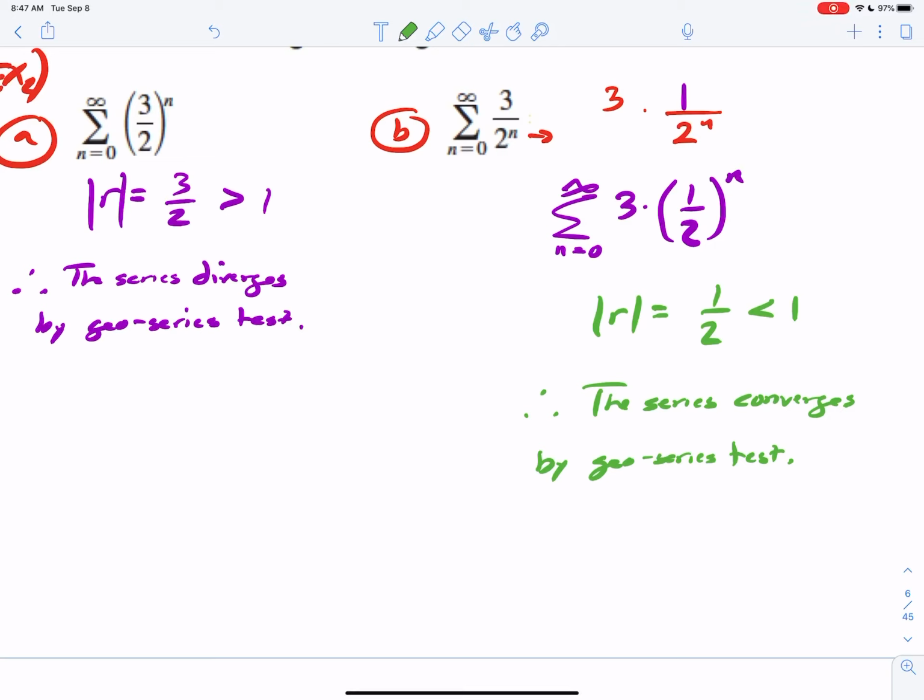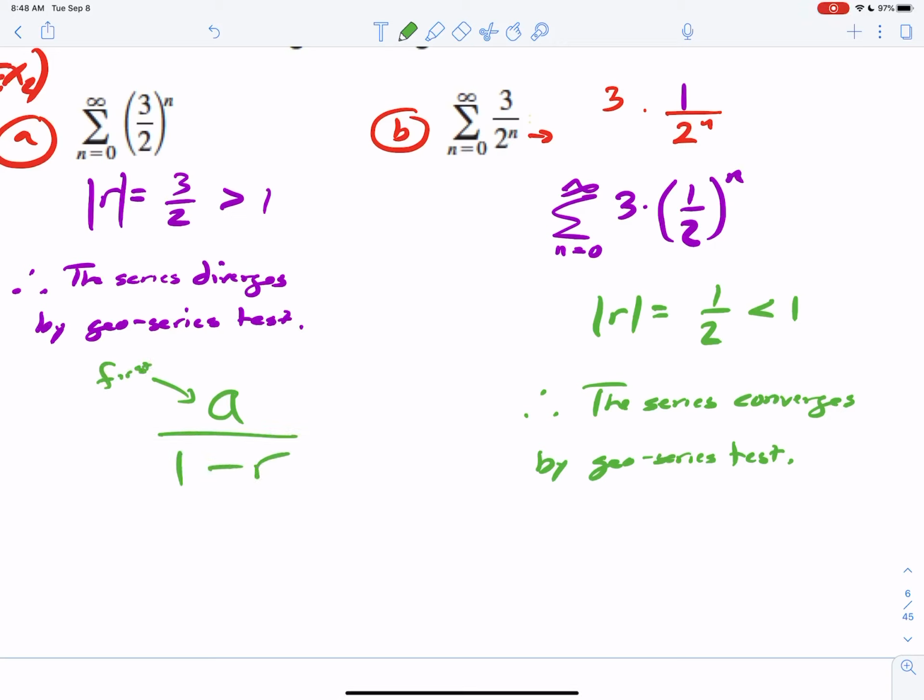So here's the thing. Very important. Because it converges, the geoseries test is the only test that actually tells us where it converges. So we follow their formula: it's the first term over 1 minus r.